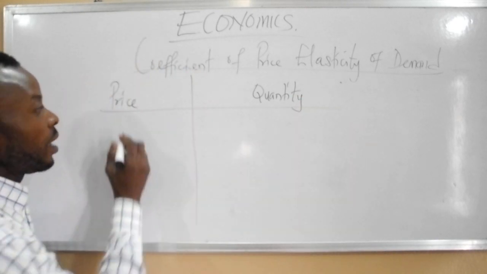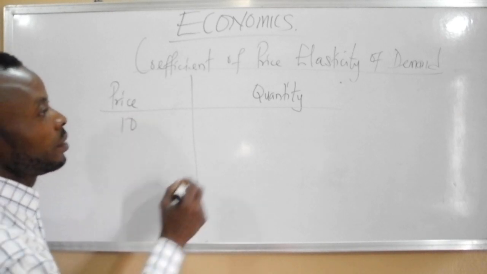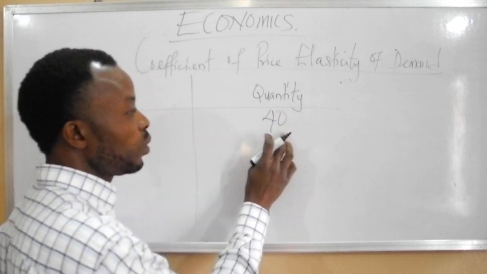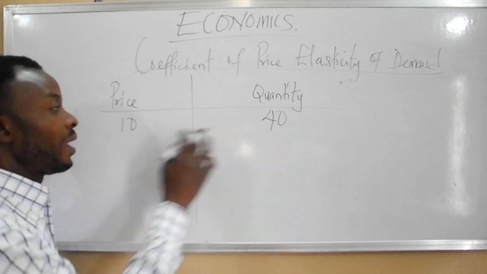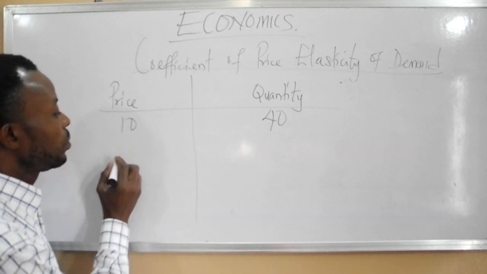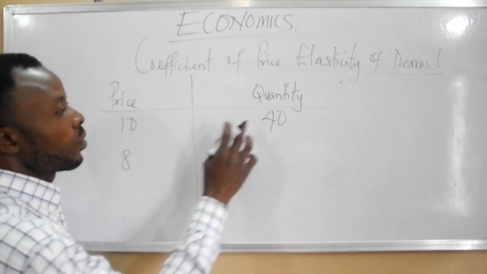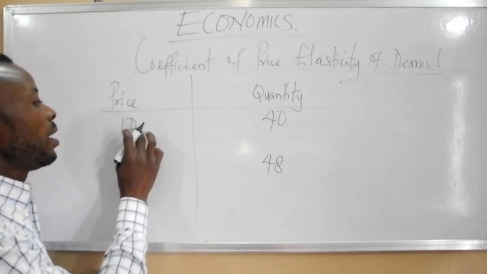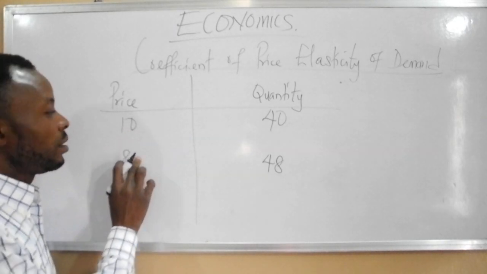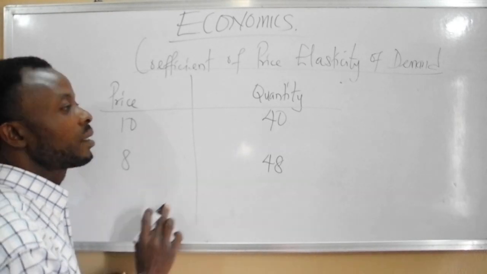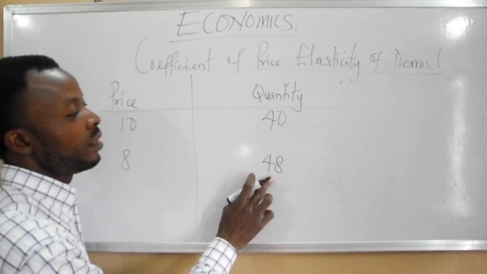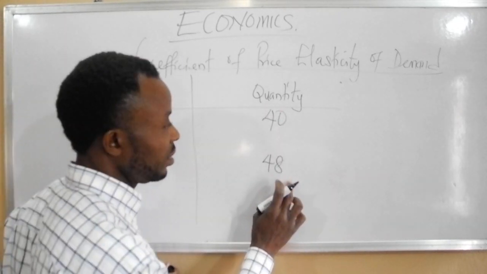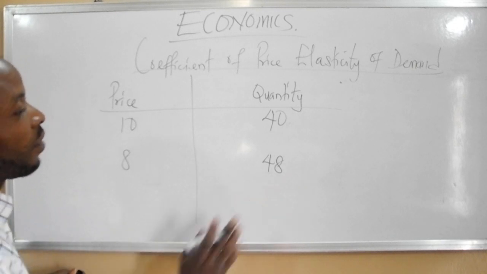If the price is 10, the consumer is able to demand 40 quantities at this price. If the price changes to 8, the consumer is now able to consume 48, because a decrease in price will lead to an increase in quantity demanded, and an increase in price will lead to a decrease in quantity demanded.